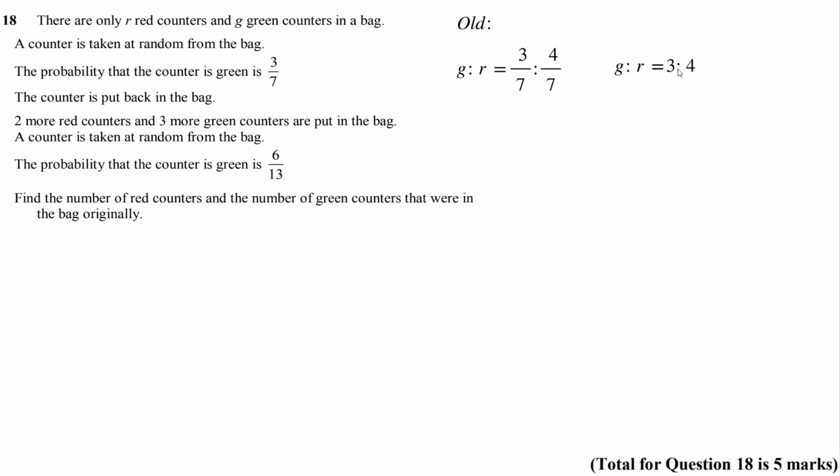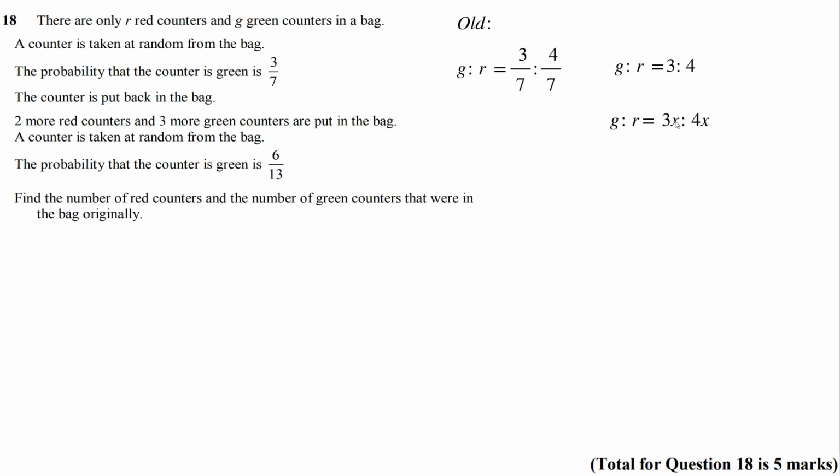And now let's just say this is 3x to 4x, because we don't know how much they actually have. We just know that whatever this ratio is, multiply it by a certain number, x, and we'll get how many counters were originally in. So if x was equal to 2, then they'd have 6 green, and they'd have 8 red. But we don't know what it's equal to right now. We can figure that out in a second.